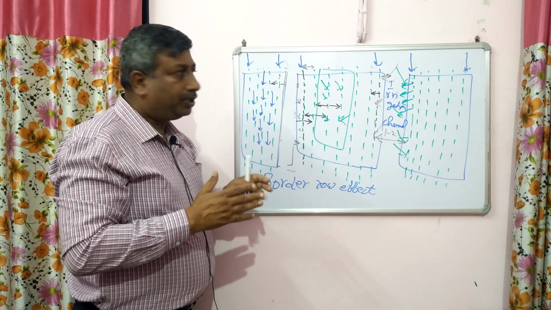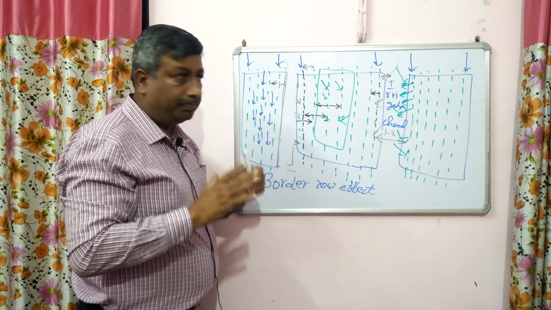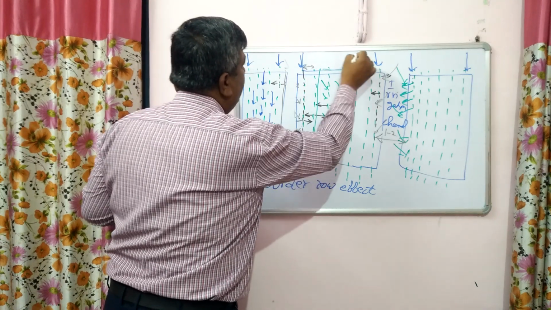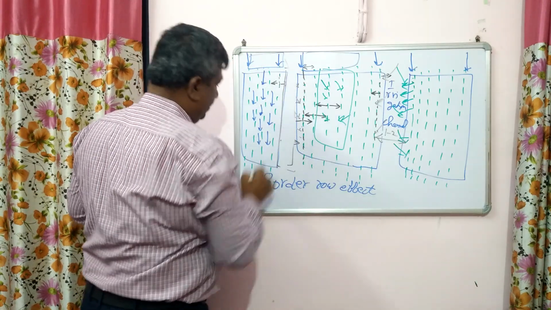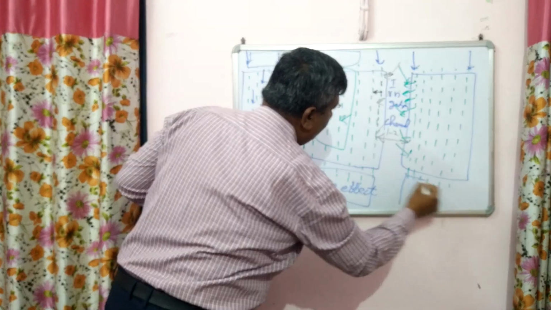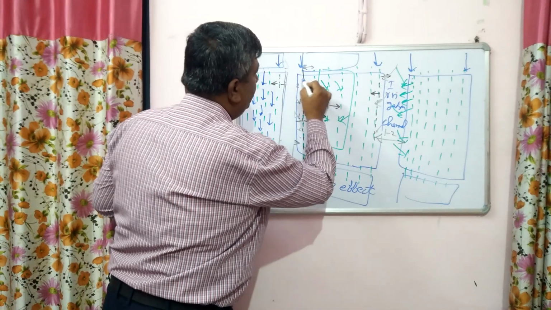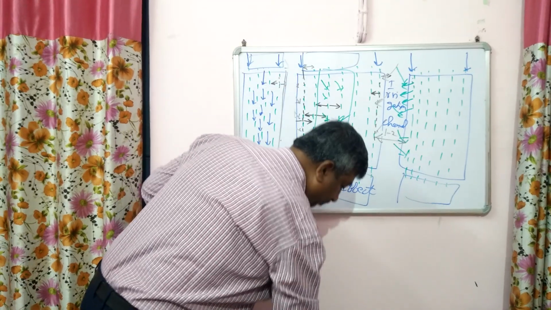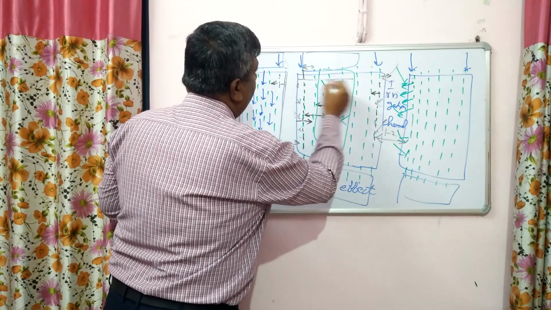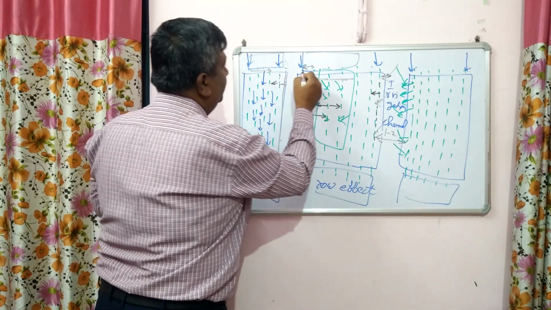So in each plot there are two border row, but the another field is in this direction also, here also, and here. Now these plant here, the plant which are present here, and this is the pathway, this is the pathway.